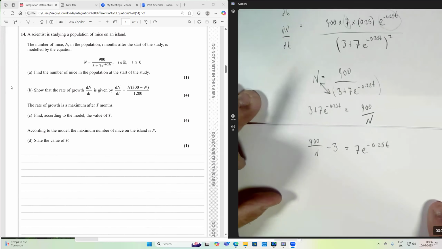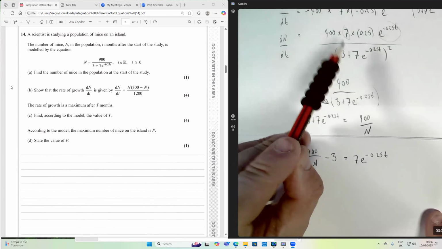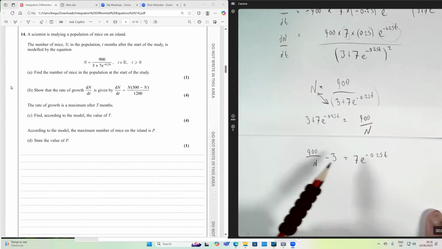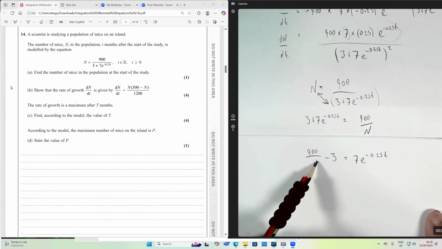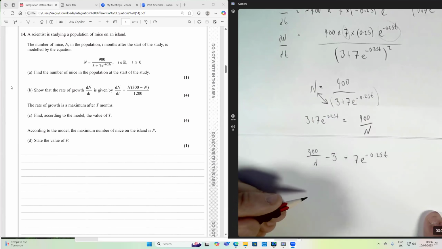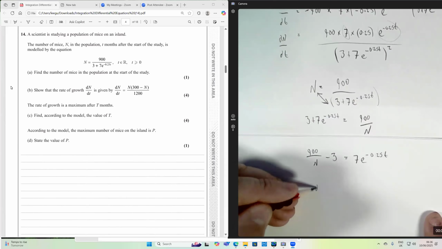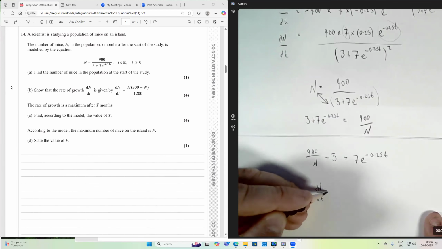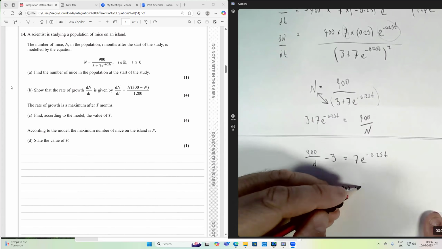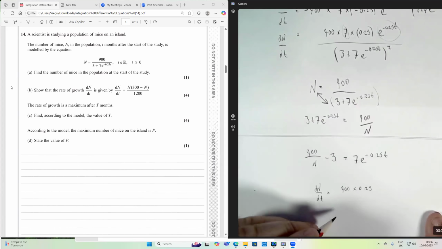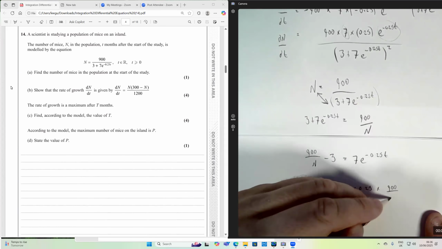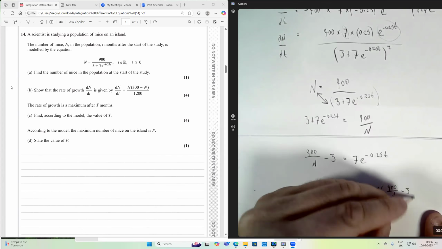Okay, there we go. So that is a nice way of replacing 7 e to the minus 0.25t. So in our expression here, I'm going to replace the 7 times e to the minus 0.25t with 900 over n minus 3. This is quite an efficient way of doing the whole thing. So what we end up now with is that dn by dt is now equal to 900 times by 0.25 times by 900 over n minus 3.